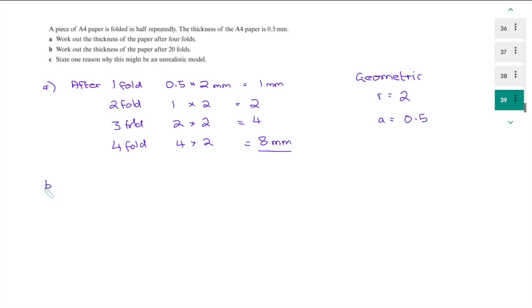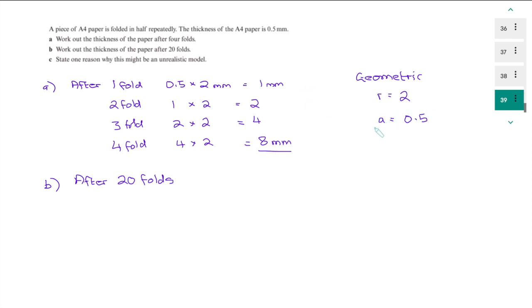Okay, so part B, after 20 folds. So what we're being asked to do here, actually, we need to be a tiny bit careful here. So after 1 fold, are we going to say this is u1 or is this u2? So you have to decide, be careful.